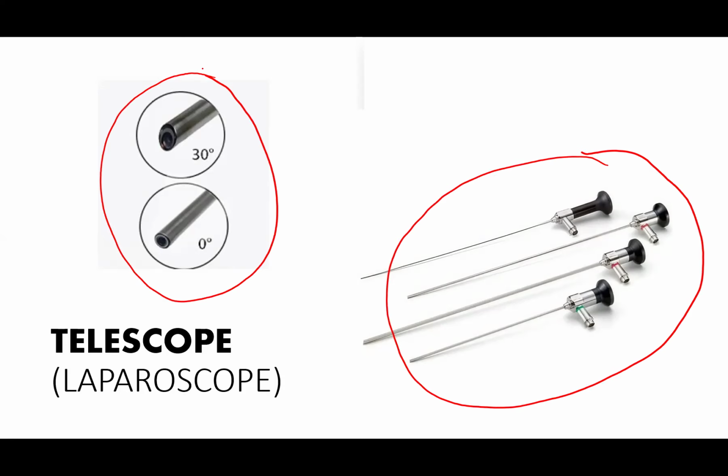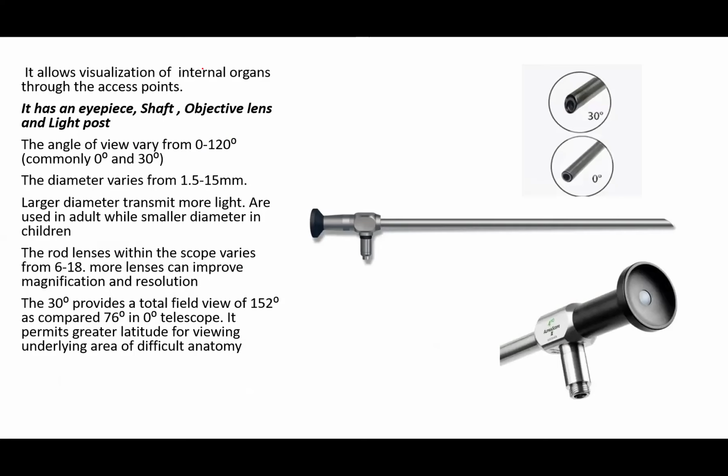Now we will see what the telescope is made of. It allows visualization of internal organs through the access point. It is this telescope that is introduced via the access point that picks up the image, transmits through the camera system to be viewed on the video monitor.